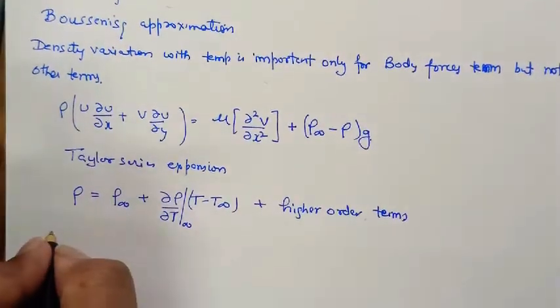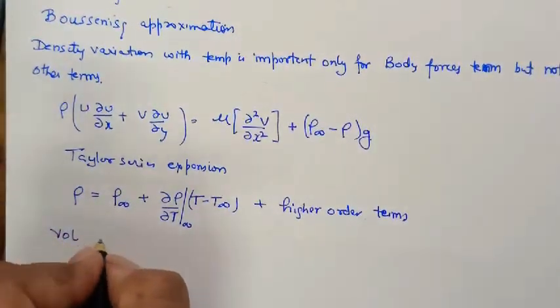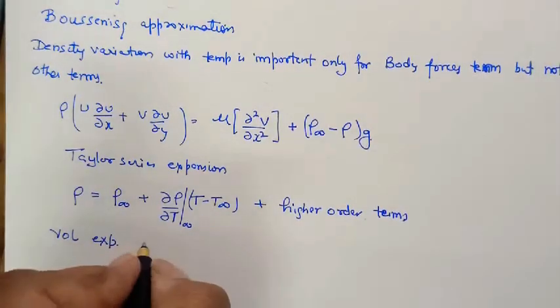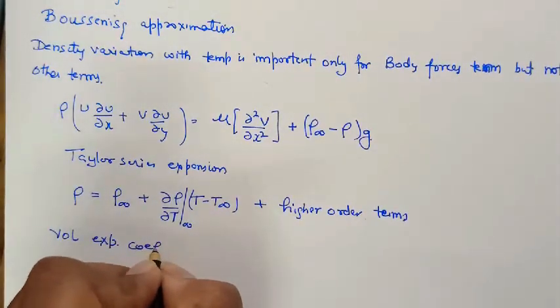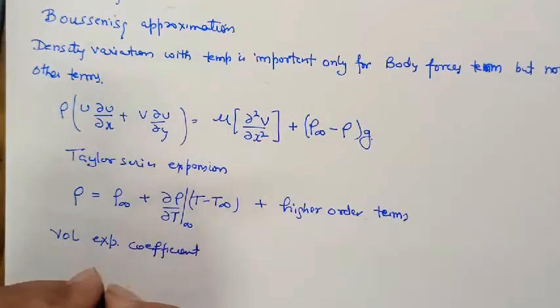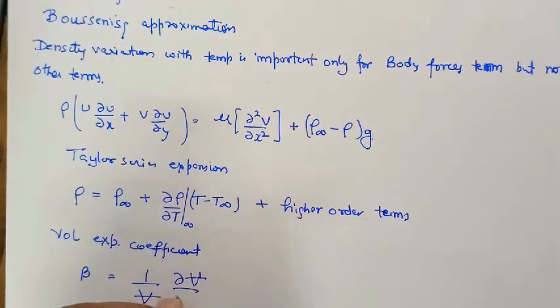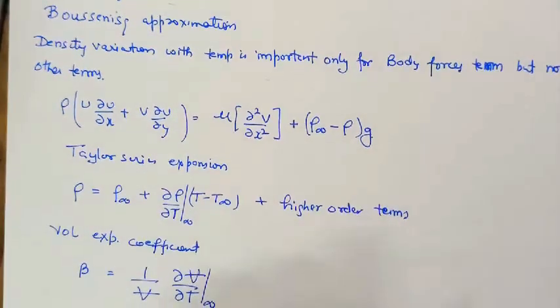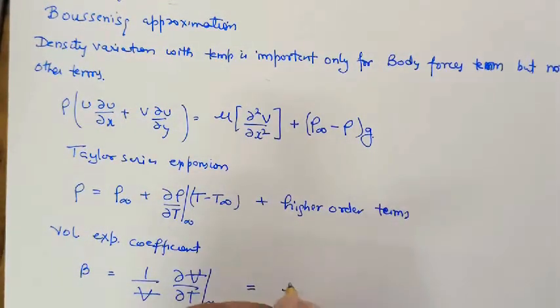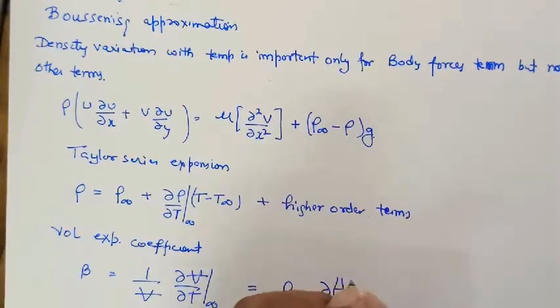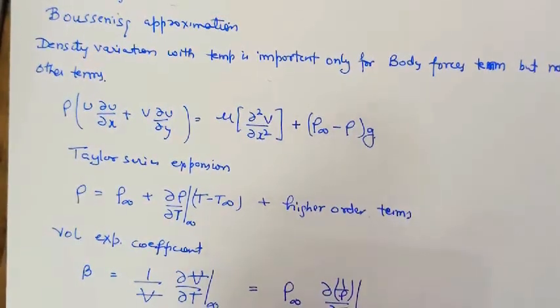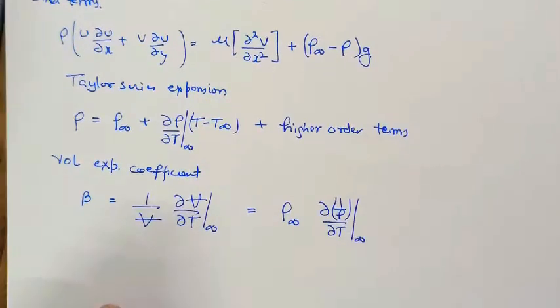So here we take the volumetric expansion coefficient, that is beta, which is 1 by volume, change in volume with respect to temperature at the infinity, which can be written as rho infinity d 1 by rho of dT at infinity, right?